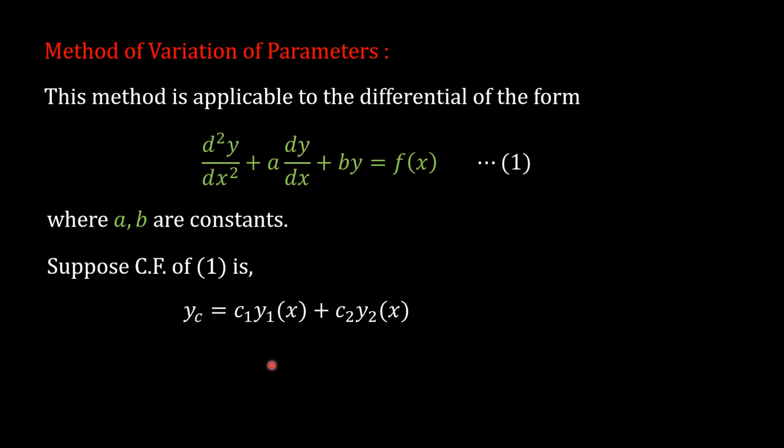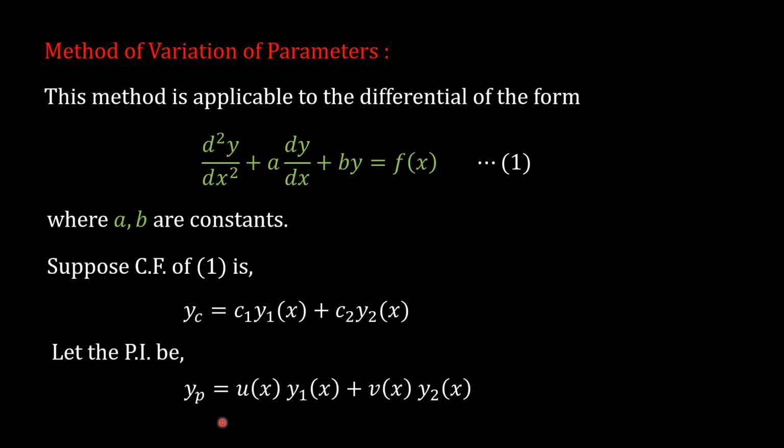For that, we will consider our yp as yp equal to u(x) into y1(x) plus v(x) into y2(x). So we have replaced c1 by the function in x, which is u, and c2 by the function in x, which is v. So in this way we have considered our yp.